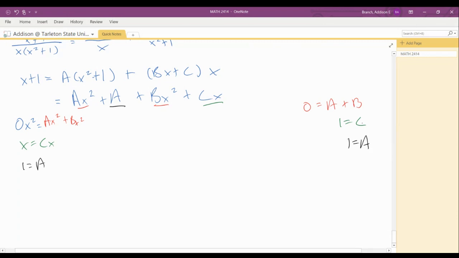We know C, we know A, plug A in here, and we get B is equal to -1.